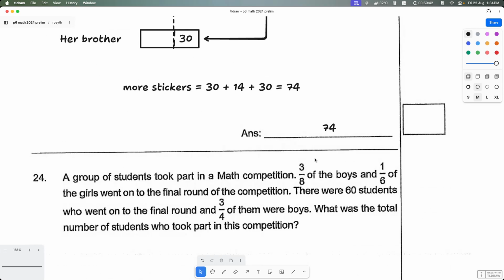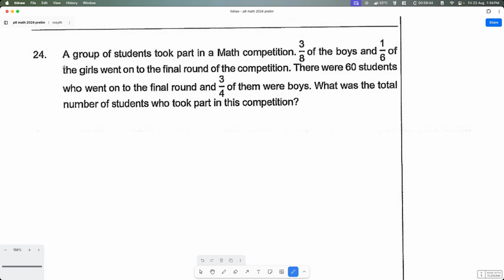All right, let's move on to question 24. It says here a group of students took part in the math competition. 3/8 of the boys and 1/6 of the girls went on to the final round of the competition. There were 60 students who went on the final round, and three-quarter of them were boys. What was the total number of students who took part in the competition?